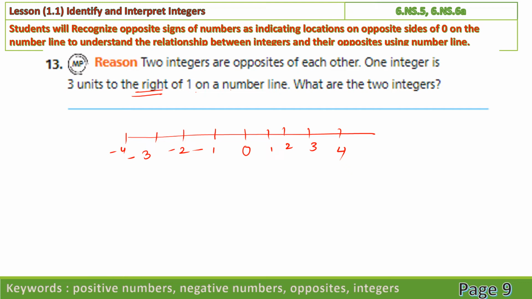Now, 3 units to the right of 1: from the 1, go 3 units right, 1, 2 and 3. So what are the two integers? One is 4, but they are asking you to find the opposite of this 4. The opposite of 4 is minus 4. So the two integers are 4 and minus 4.